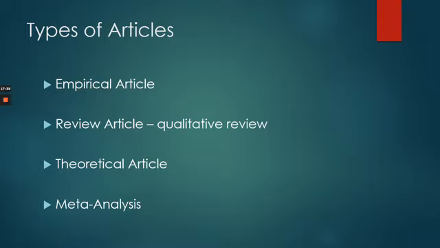And then the second part of the empirical article will be the method section. It will be labeled method. That's very specific. It's specifically how the data were collected. So who were the people that the data were collected from? What sort of research design did they have?